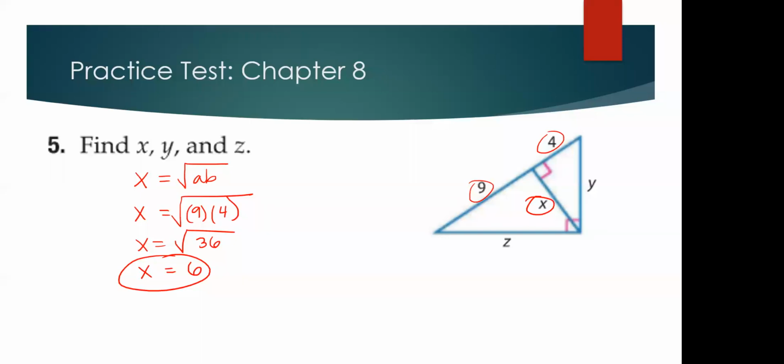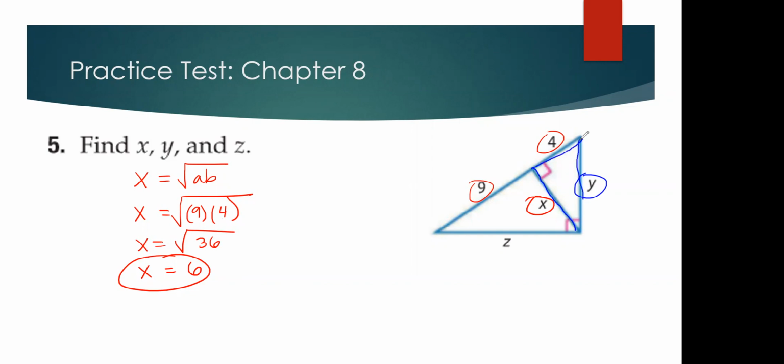Then there's also the geometric mean leg theorem. Let's try to find this here. We're missing one of the legs of this triangle.